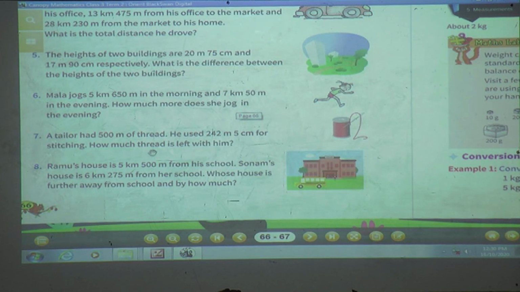And the question is, how much thread is left with him? Now see here, the word left means here we have to do the subtraction, okay. From 500 meter, if we subtract this 242 meter 5 centimeter, then we will get the thread which is left with the tailor, okay. Now let us solve this example.